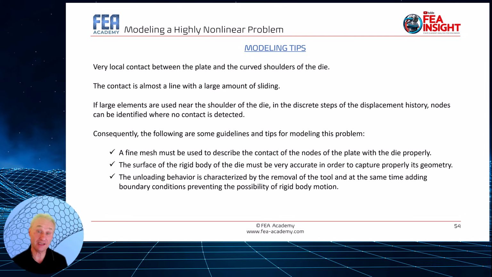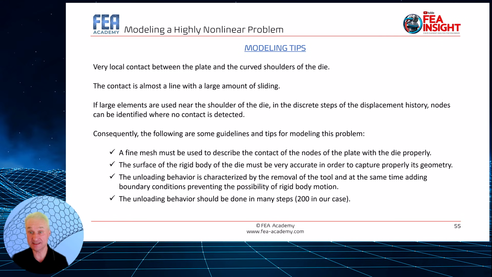The unloading behavior is characterized by the removal of the tool and at the same time adding boundary conditions preventing the possibility of rigid body motion. So it is the stabilization that we did with the 1D spring elements. Finally, the unloading behavior should preferably be done in many steps.